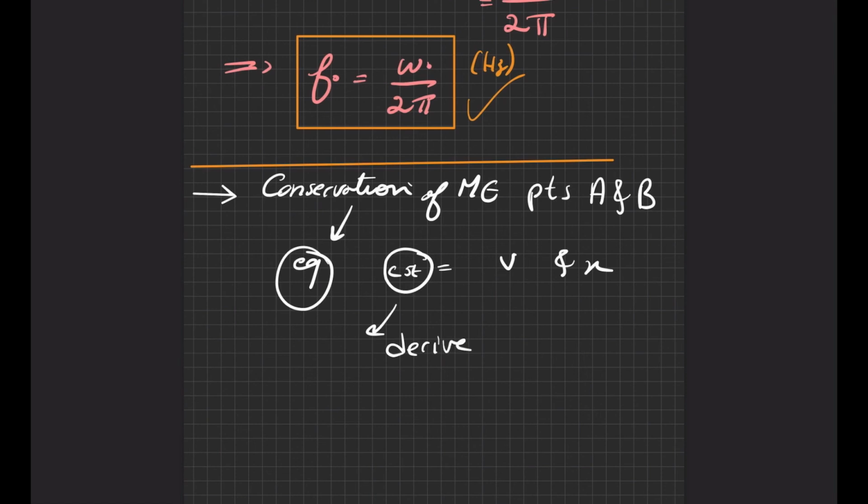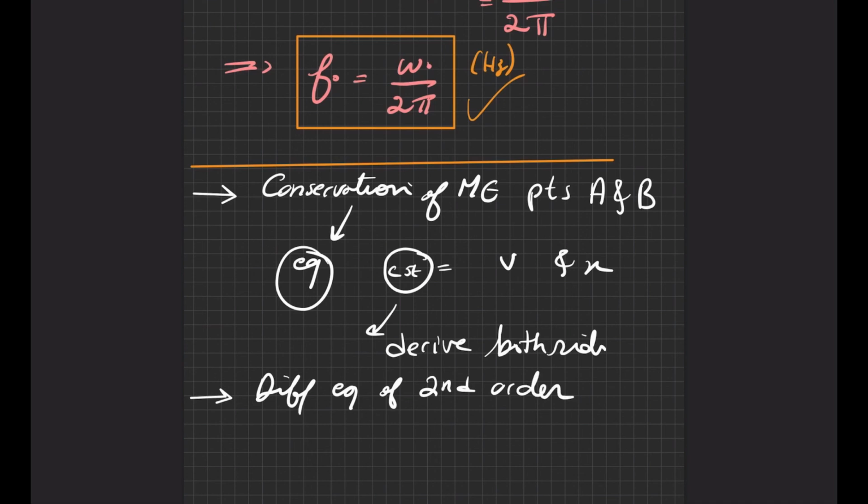We derive both sides, and we end up with a differential equation of the second order. From this second order differential equation, we get omega 0, and we get x in terms of time, which is x equals xm sine of omega 0 t plus theta.